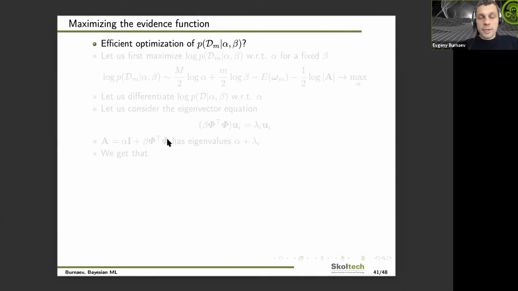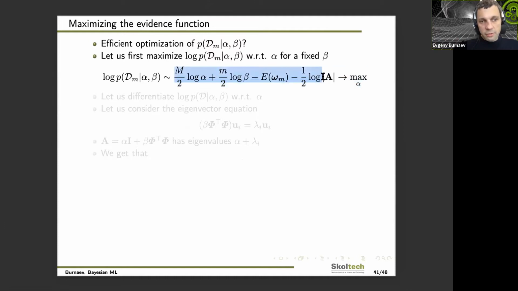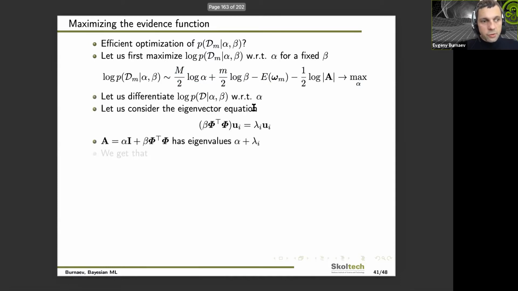So first, let us consider the case when alpha is just one-dimensional. So for all basis functions, we use the same parameter alpha. And this is the functional from the previous lecture. Here we have the same matrix alpha. So the main difference with the current version is that here alpha is just a one-dimensional number, and in our case, alpha is a diagonal matrix.